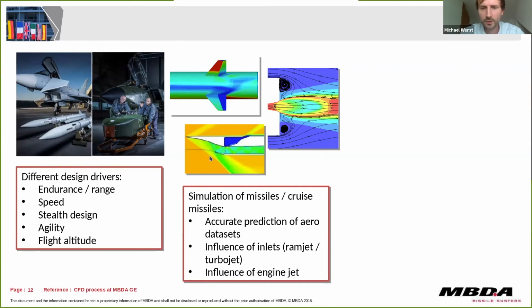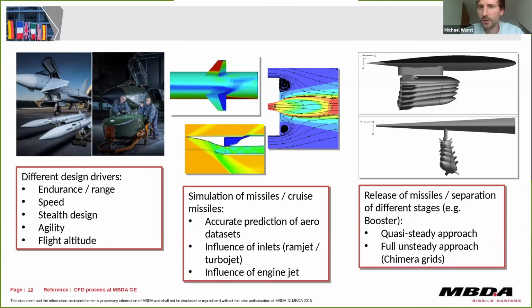What we also do here is study inlets, for example a ramjet inlet, and also engine jets. Another topic we work on is the release of missiles or the separation of different stages. For example, if a missile loses its booster stage, we can do this either with a quasi-steady approach, but we are also able to do it with a full unsteady approach in TAU with Chimera grids.